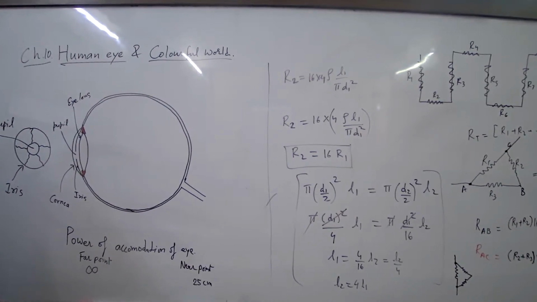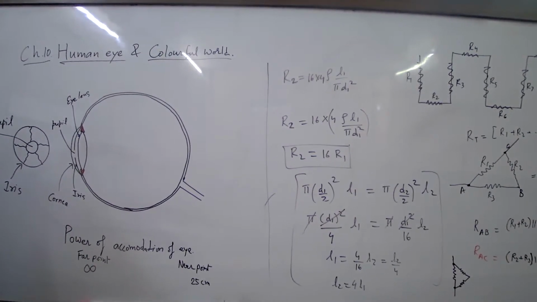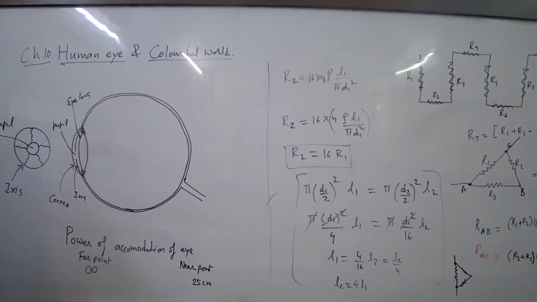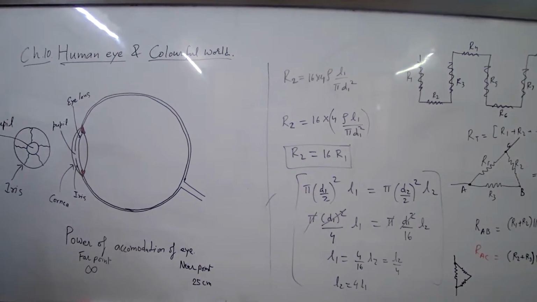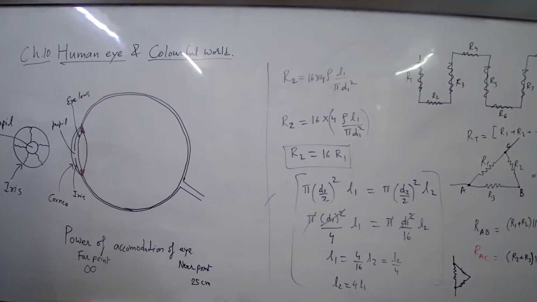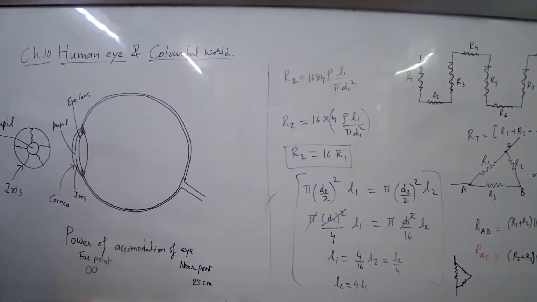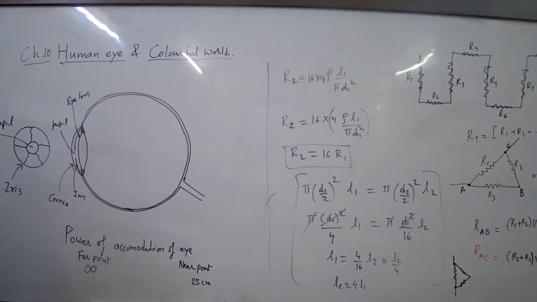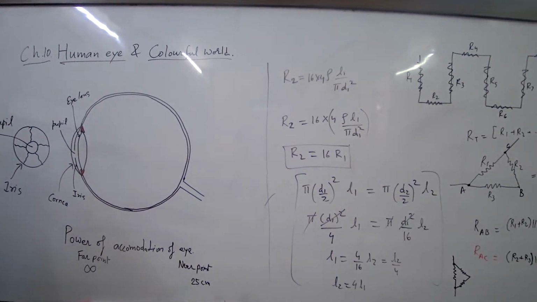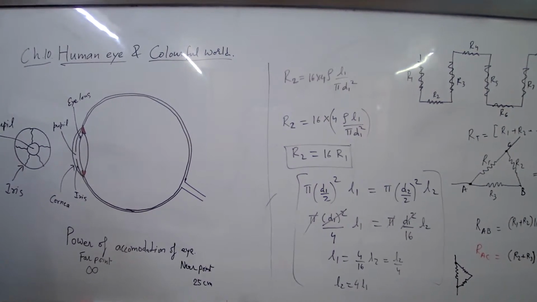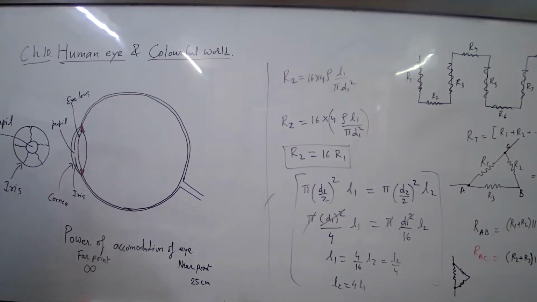You will not be able to read it. So roughly 25 centimeter is the distance, and some students have to adjust their head position so that they are able to see. Is that clear?